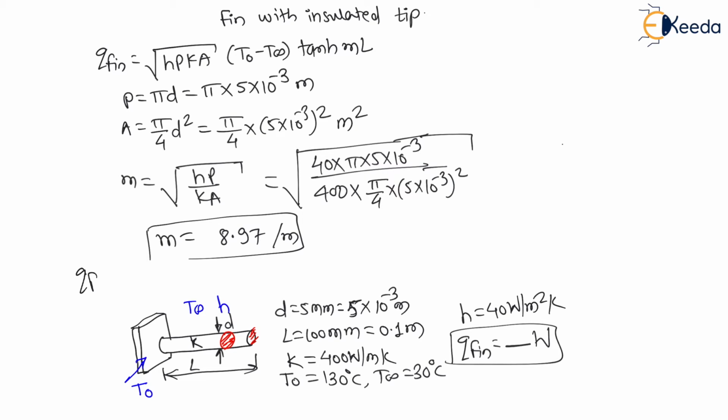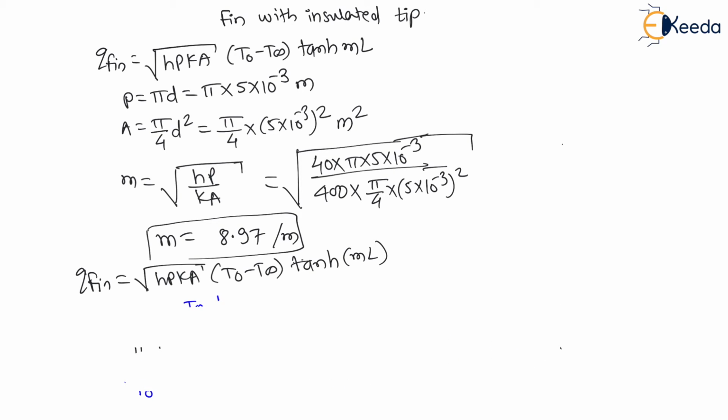Therefore q through the fin is nothing but under root hp ka into (T naught minus T infinity) tan hyperbolic function ml. Let us put the values and solve this question.